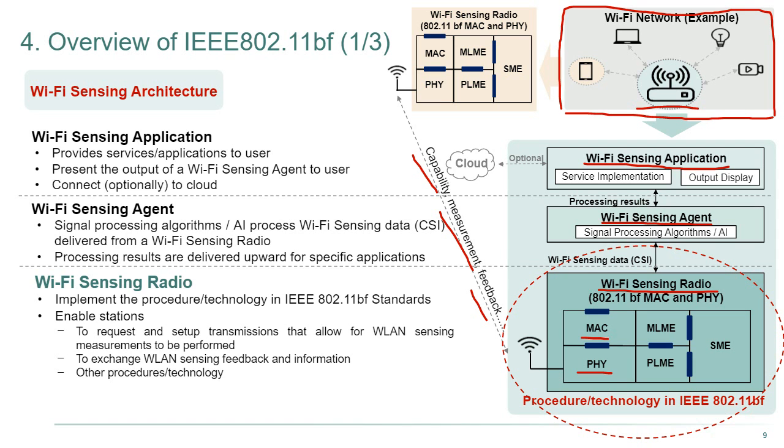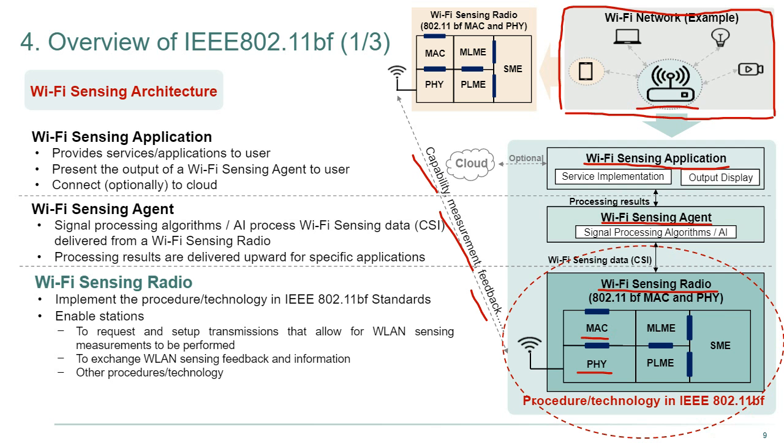This part, Wi-Fi sensing radio, enables the stations to request and set up transmissions that allow for WLAN sensing measurement to be performed, and also exchange the feedback and other related information. And also some procedures and technologies are included here. So I use a big red circle to highlight this part.